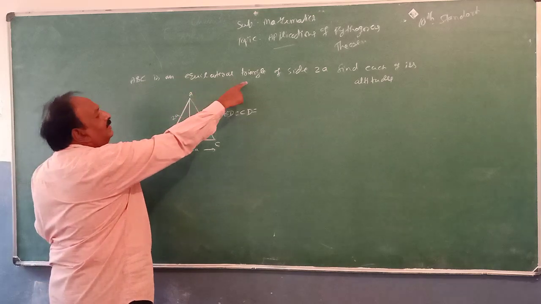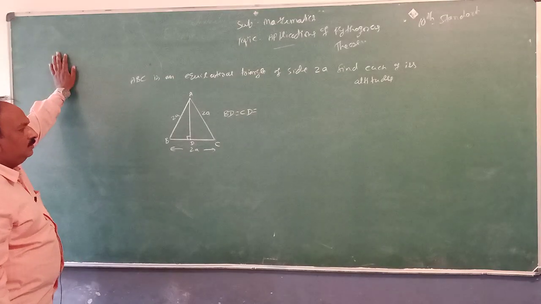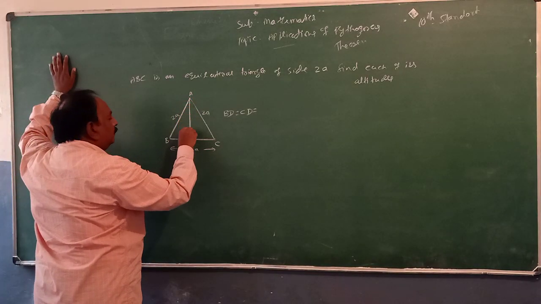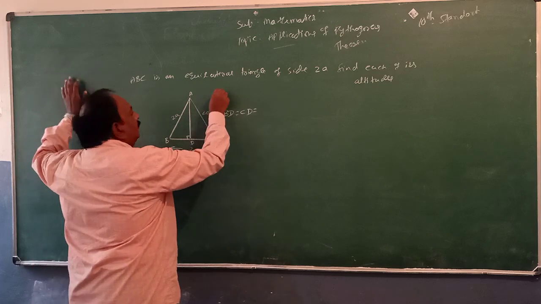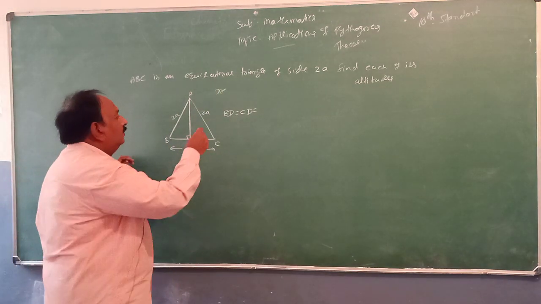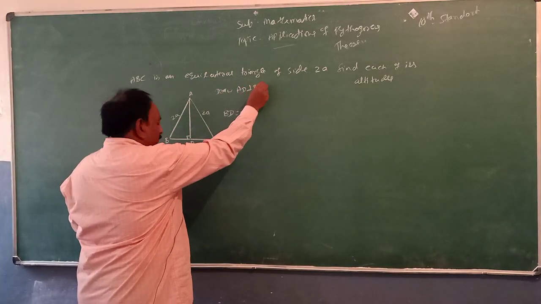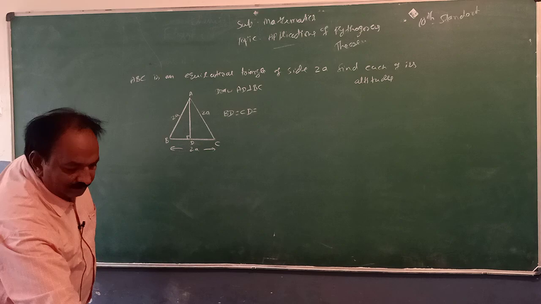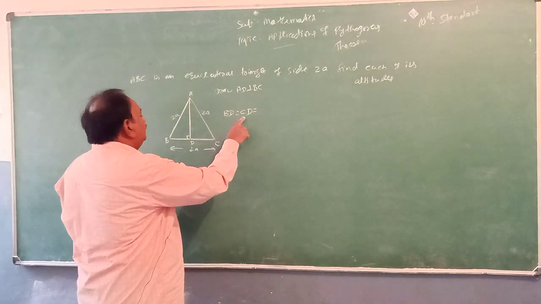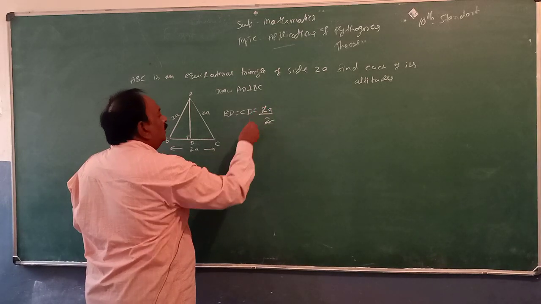ABC is an equilateral triangle of side 2A. Find each of its altitudes. Draw altitude AD. Draw AD perpendicular to BC. BD is equal to CD is equal to 2A by 2. 2 and 2 cancel.